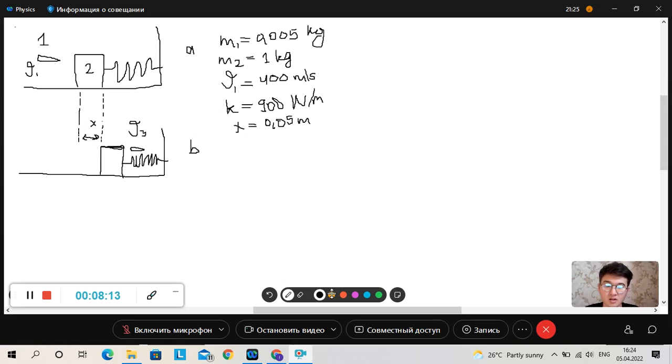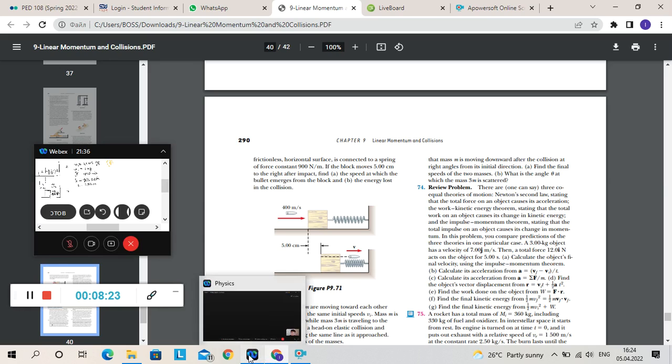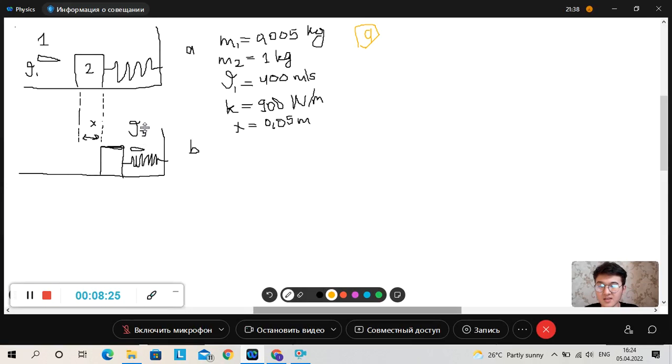The first question, A, is to find the speed of the bullet, v3.